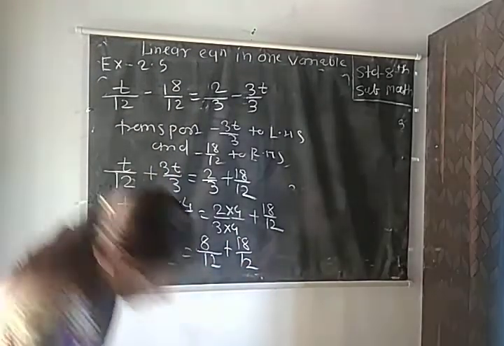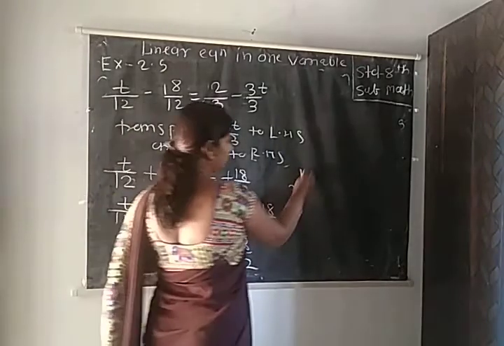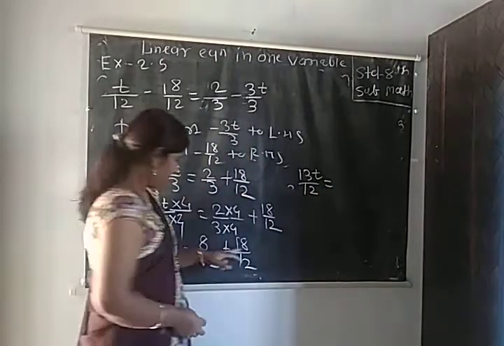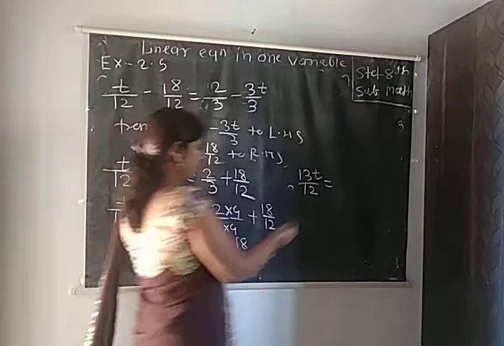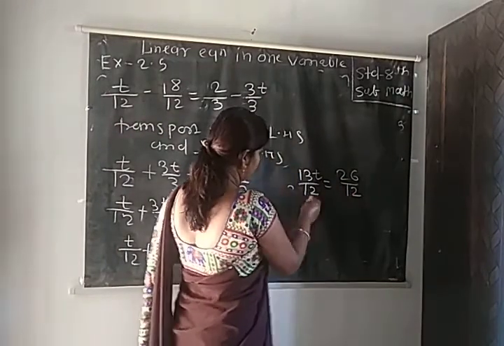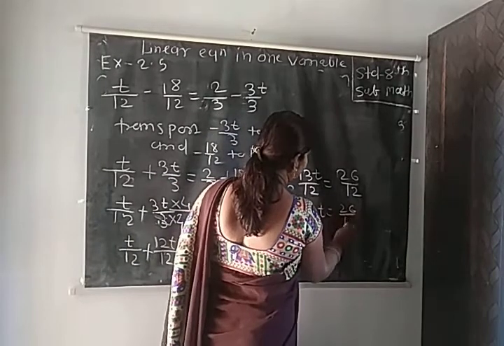And then directly add: t plus 12t is 13t upon 12 is equal to 18 plus 8 is 26, 26 upon 12. Now transpose 12, so 13t is equal to 26 upon 12.